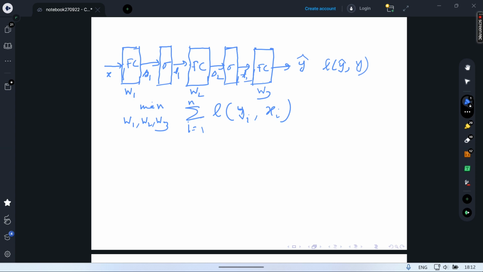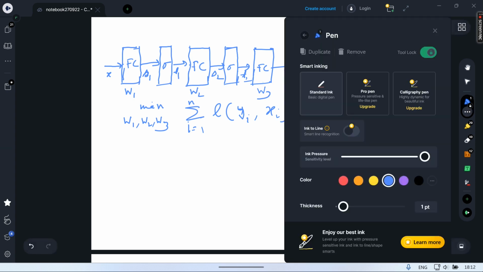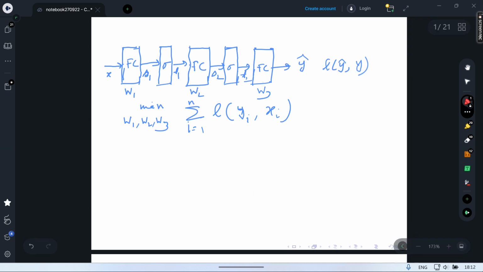During training, next comes the backward propagation, or back propagation of the gradient. What is done during back propagation? From this loss we calculate the derivative of the loss with respect to, say, first y hat.